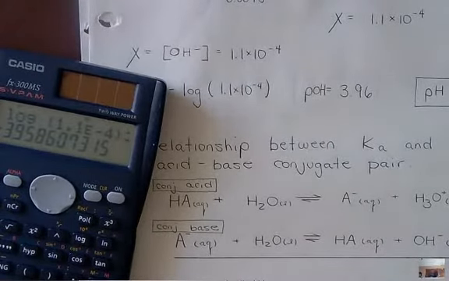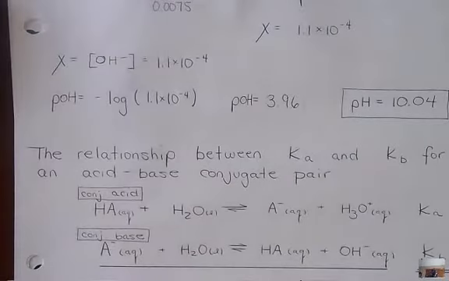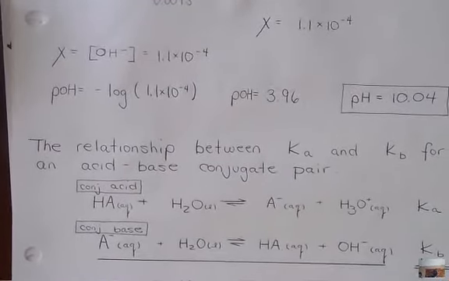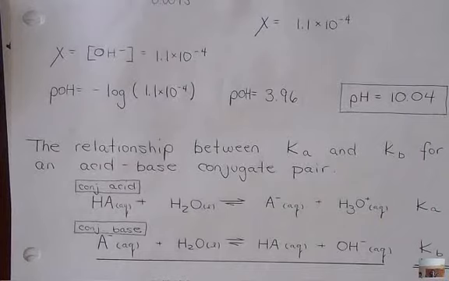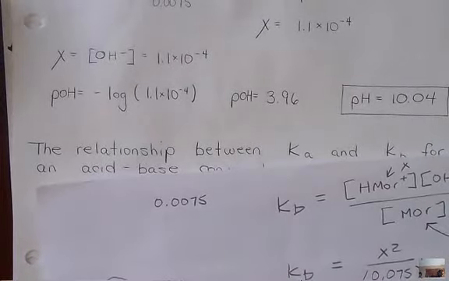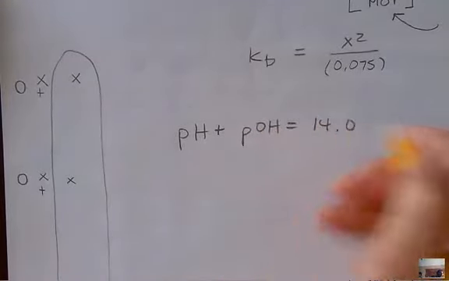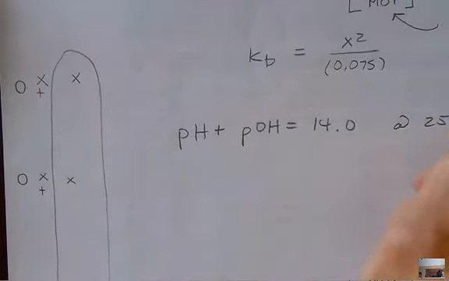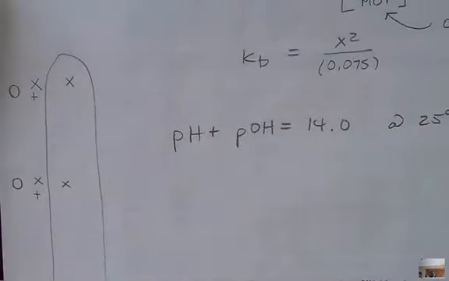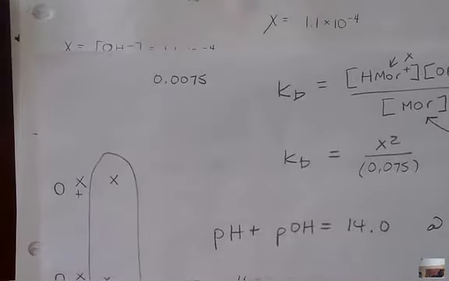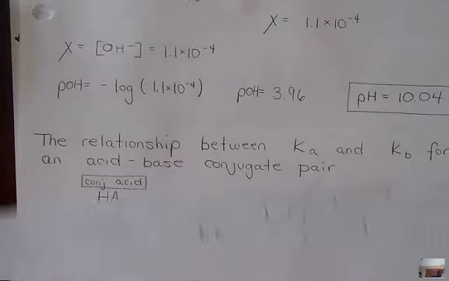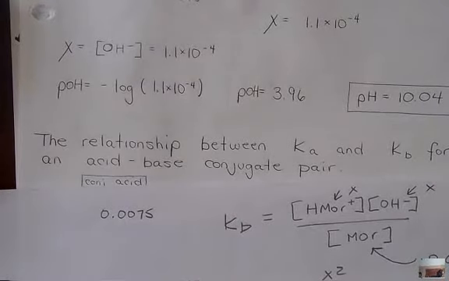If the pOH is 3.96, that makes the pH 10.04, because we know that pH plus pOH is always equal to 14 at 25 degrees. So at that temperature, that's the Kw for water. So 14 minus 3.96 is going to give me 10.04.